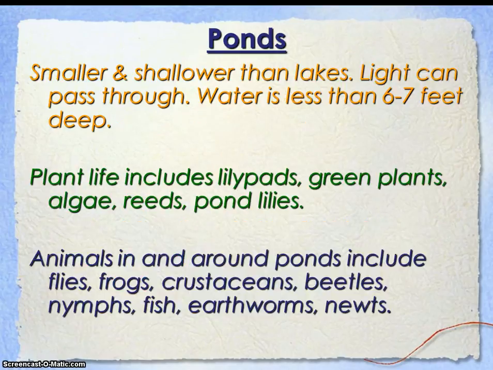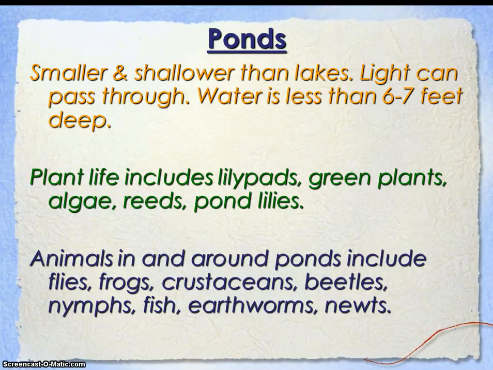Okay, so another example of freshwater is going to be ponds. Ponds are just smaller versions of lakes, obviously smaller and less deep, more shallow. They're usually going to run about 6 to 7 feet deep. They're not that deep. They're obviously not going to be that big. You get a lot of amphibians, a lot of plant growth, lily pads, green plants, a lot of algae, reeds will grow in this area.